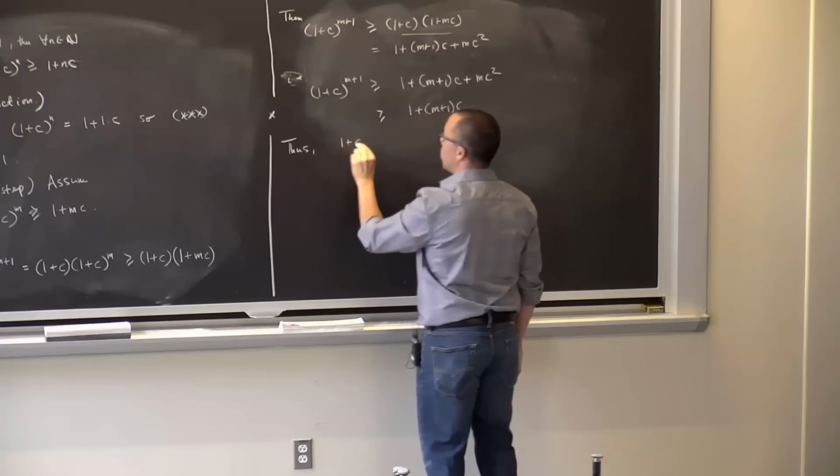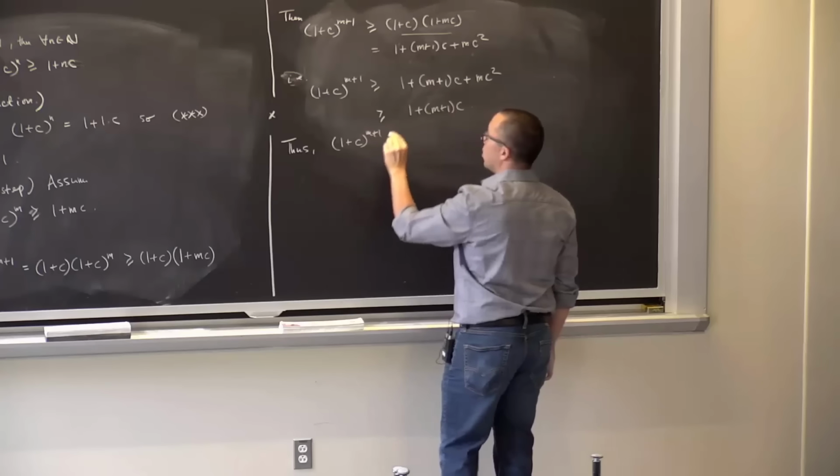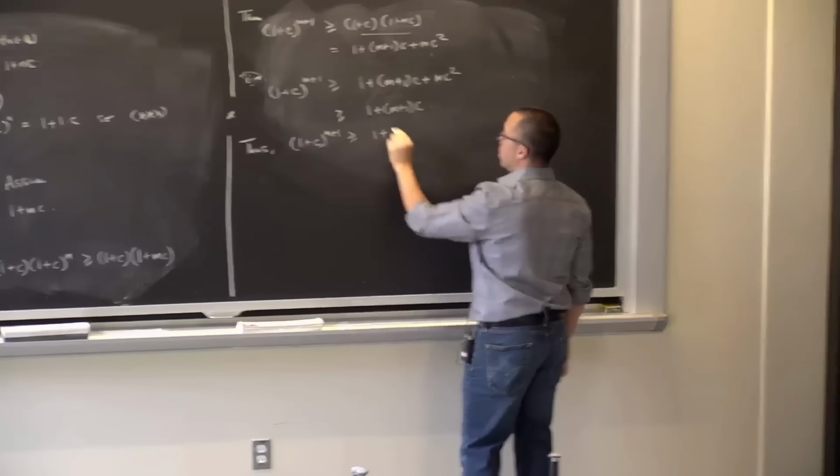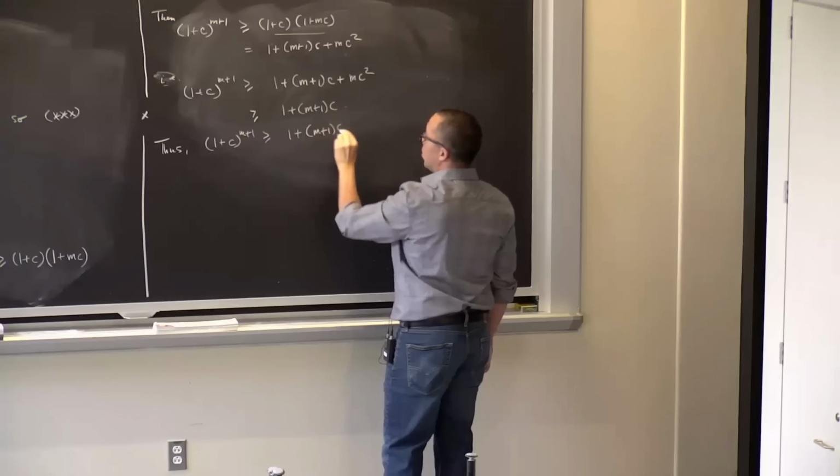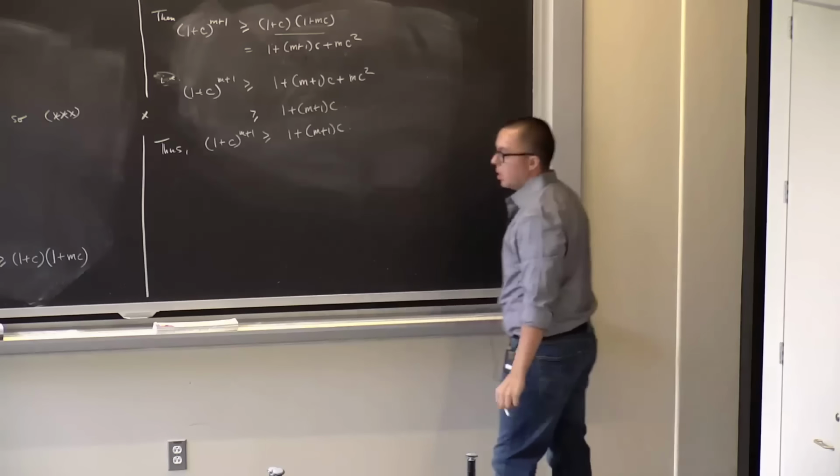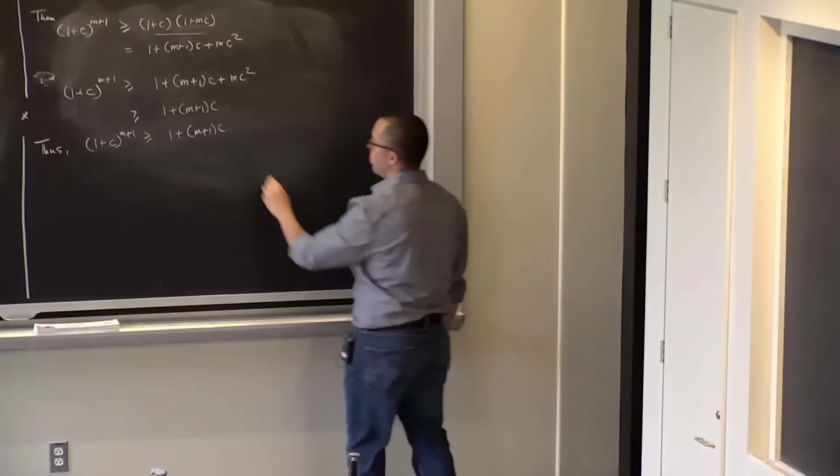Thus, (1 + c)^(m+1) is greater than or equal to 1 plus (m + 1)c, which is the n equals m plus 1 case.